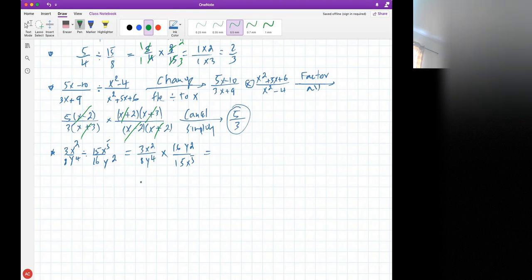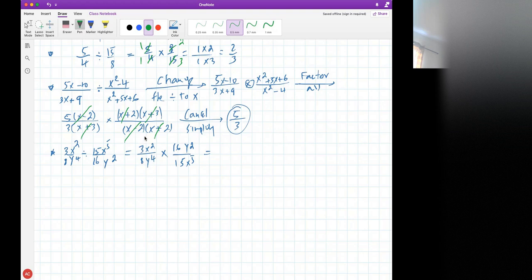We can simplify the numbers themselves, the numbers within each fraction. Okay, so which way do we reduce this?